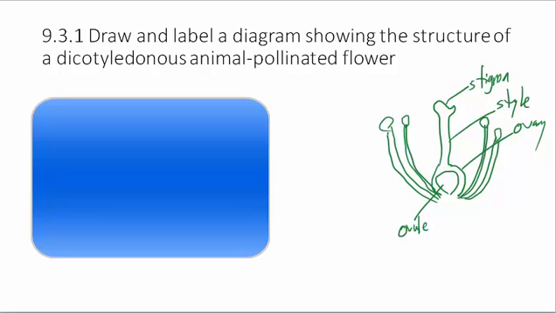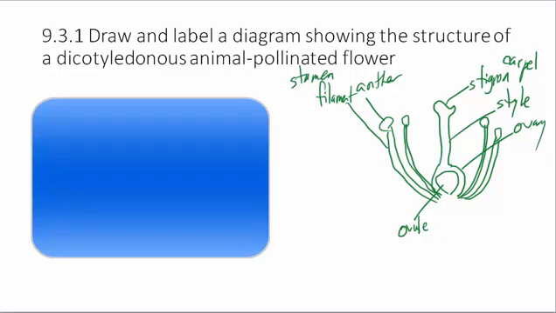And the stamen has 2 parts. It has the head, which is called the anther, and the stalk, which is called the filament. And that's the stamen, and this is called the carpel. You'll see it also called pistil.